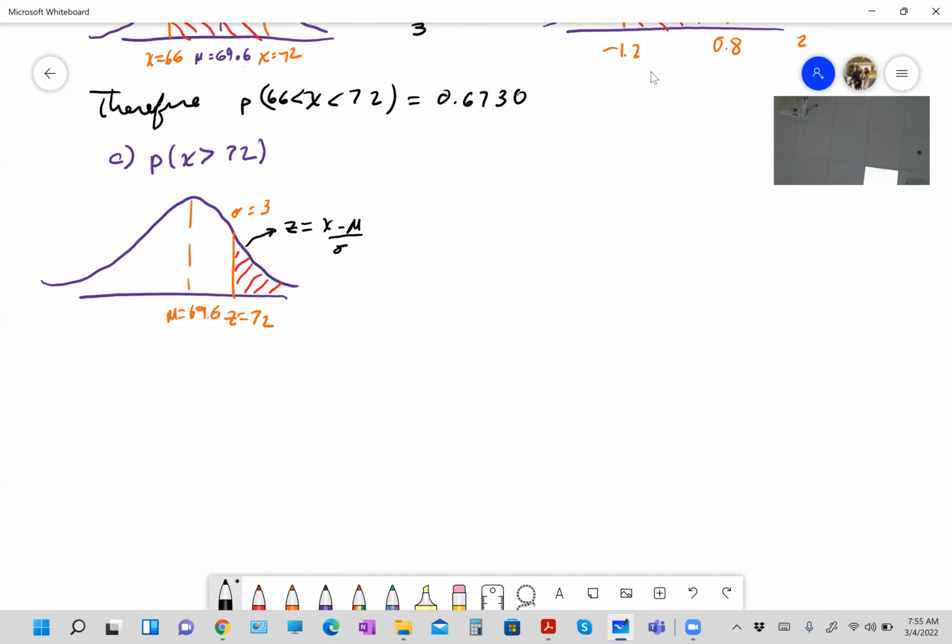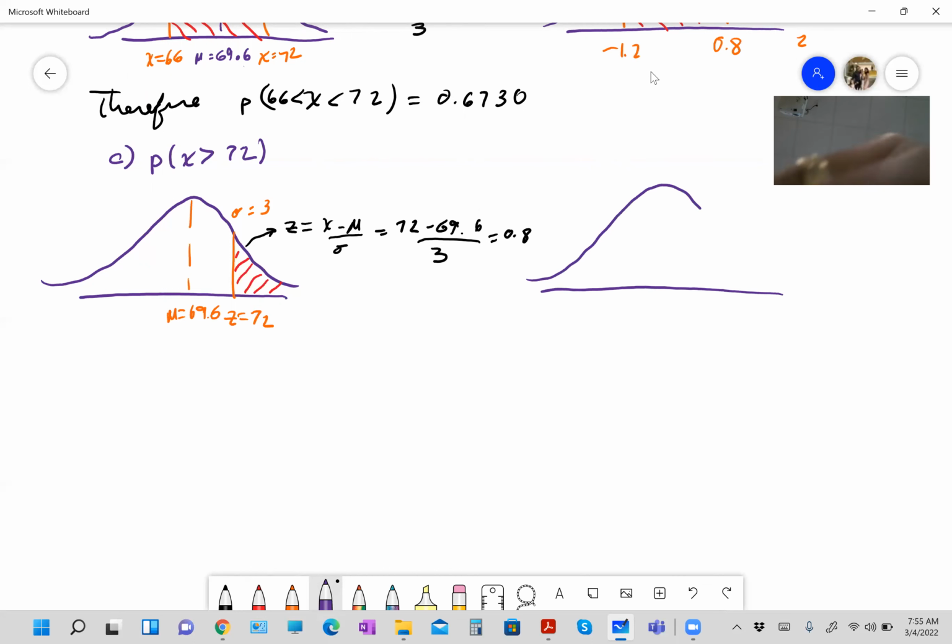All right. So guys, if you did this here, it's 72 minus 69.6 divided by 3. You know it's going to be 0.8 because we just did it. Now, a lot of you don't want to redraw graphs, don't want to repeat calculations. I mean, it takes a second. So this depicts 0.8, something like around here.